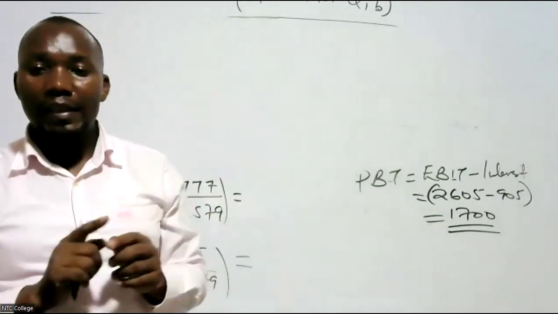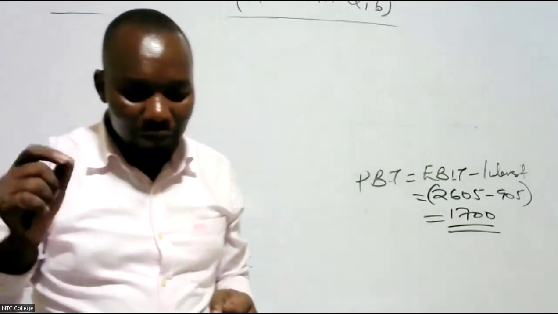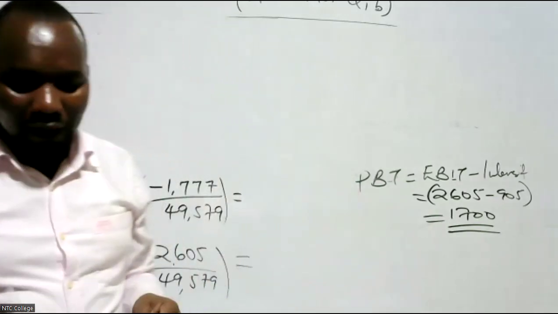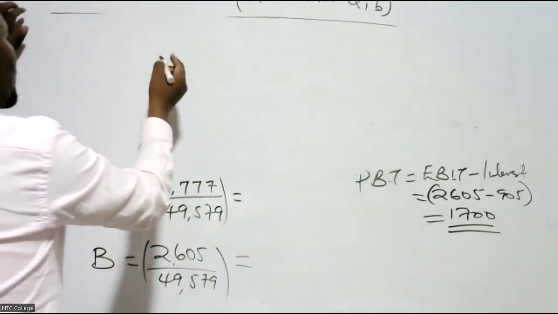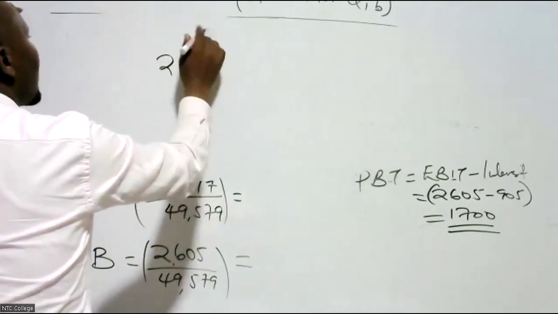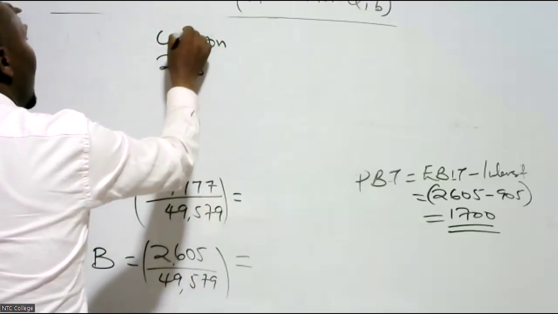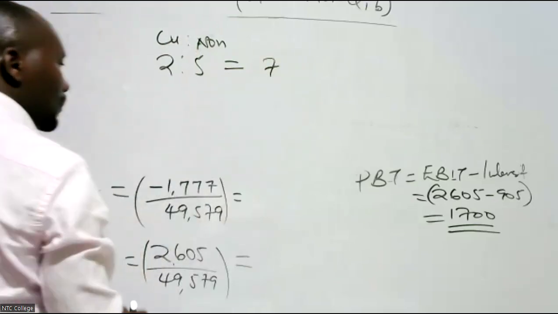With us, we want only current liability. And the liability that has been provided is constituted of 2 to 5, current and non-current. So it means that 2 is current, and 5 is non-current. So the total liability is 7.